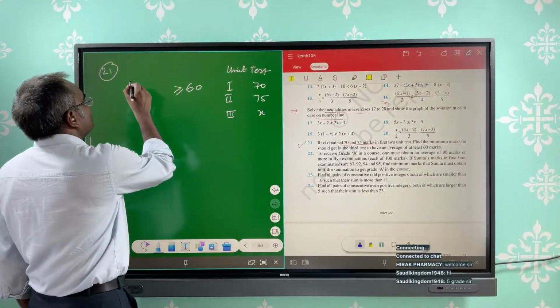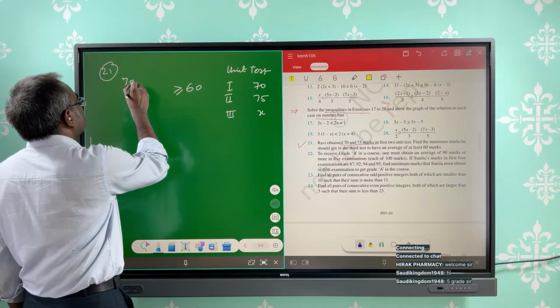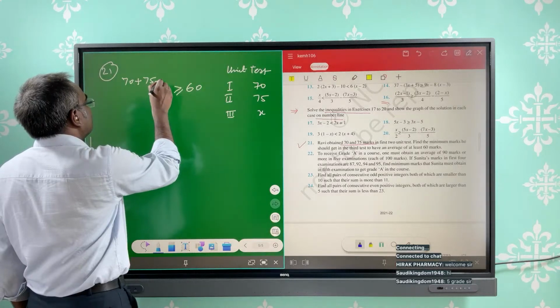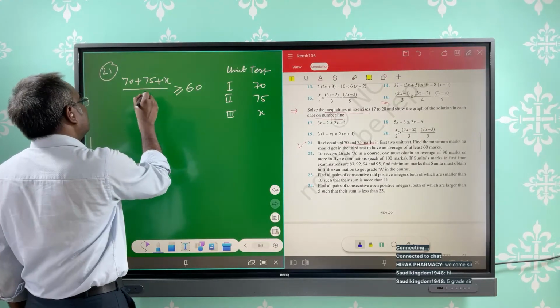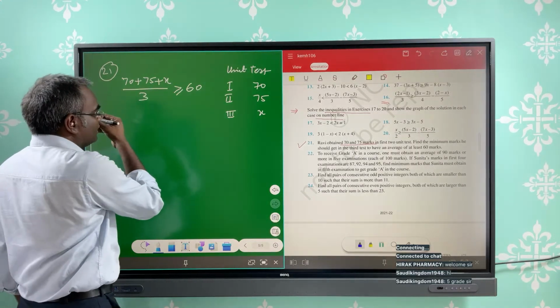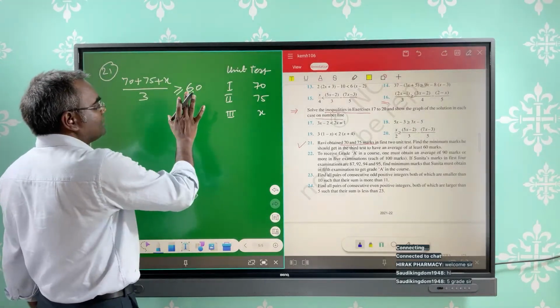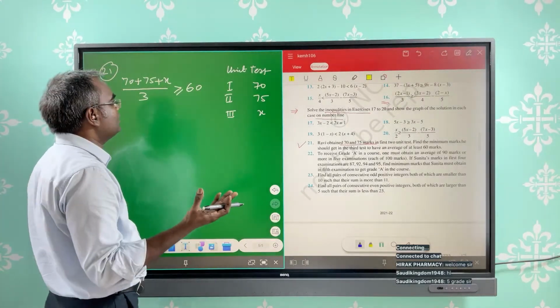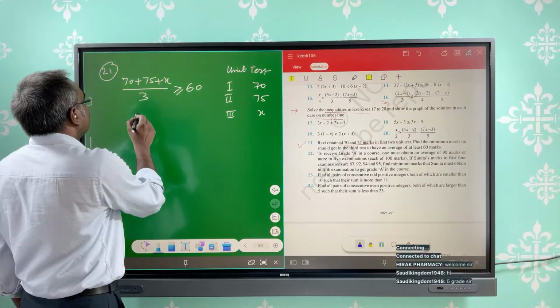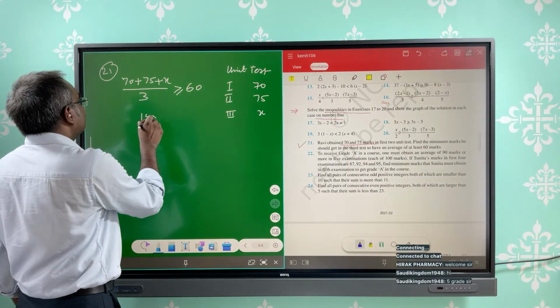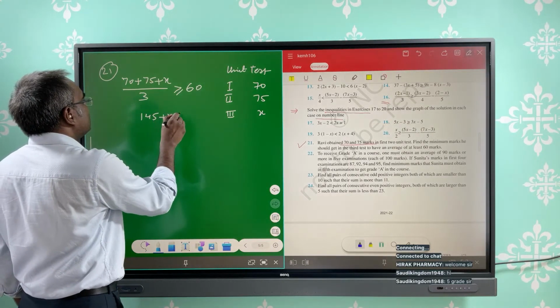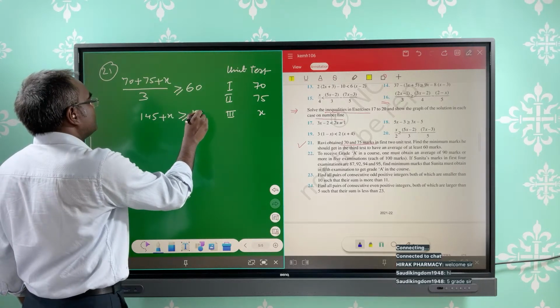So let us take the average of all the three tests, and this is the inequality. He should have at least 60 marks. 60 तो होना ही चाहिए, उससे बड़ा हो जाए, ज्यादा हो जाए तो कोई दिक्कत नहीं. So we'll solve this. 145 plus x is greater than or equal to 180.